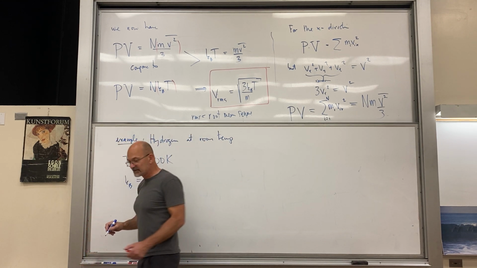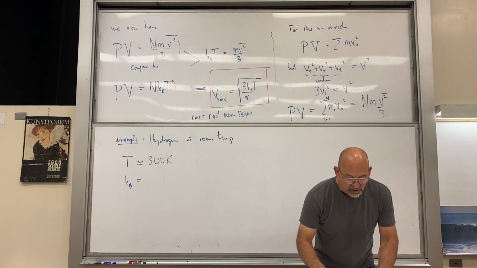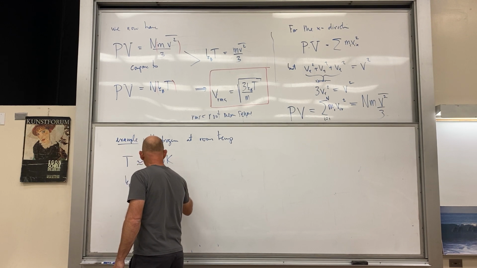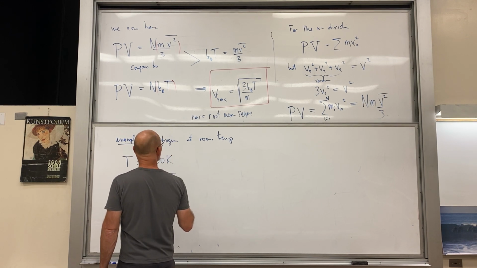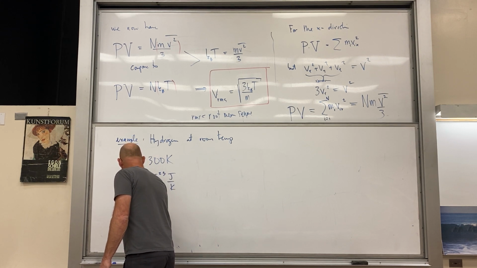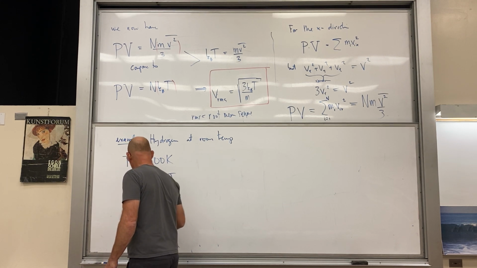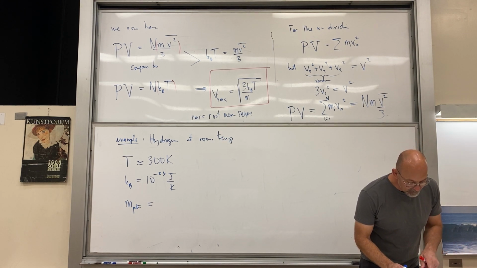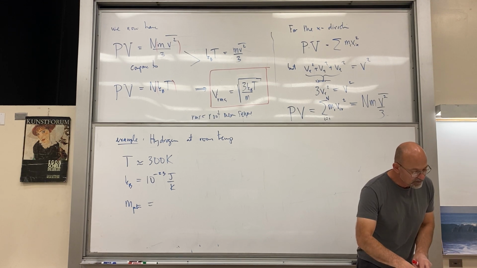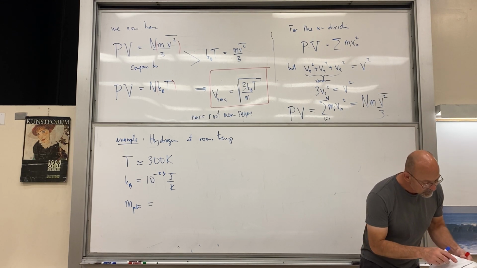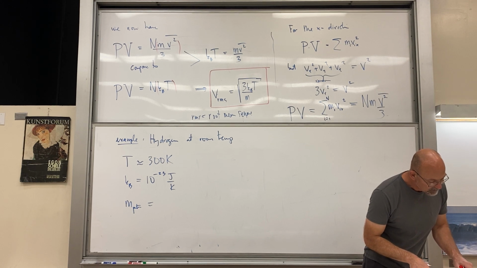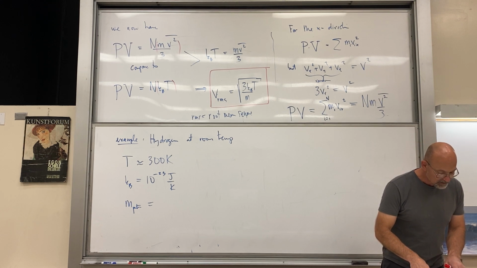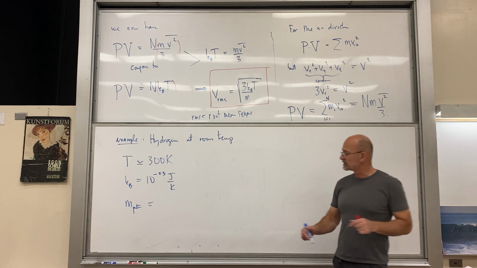Okay, Boltzmann, what did we have? 10 to the minus 23 joules per Kelvin. And then we just need the mass of a proton, and that's 10 to the minus 27, I believe. Well, you know, within a factor of 2, 10 to the minus 27.